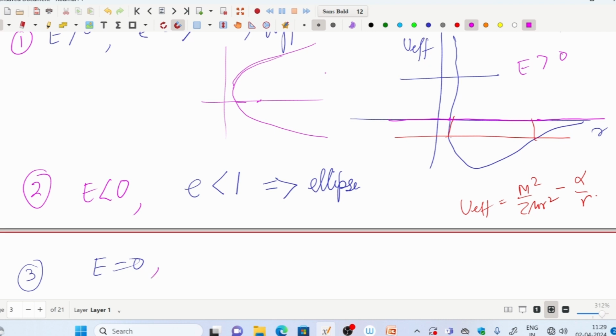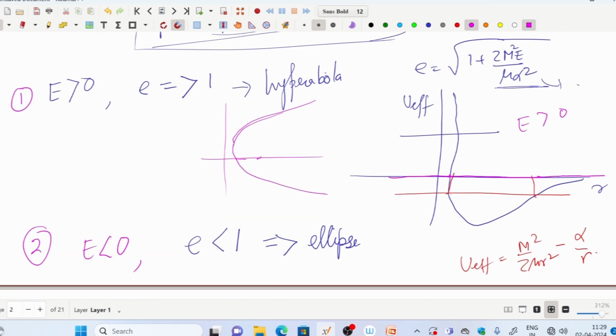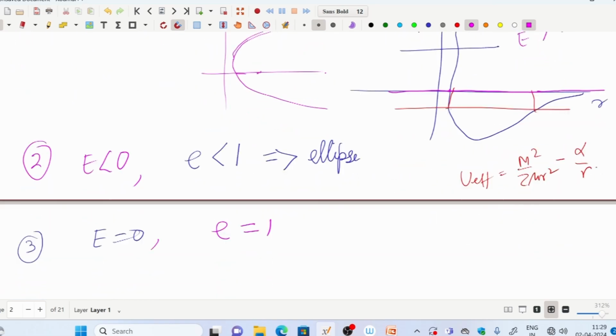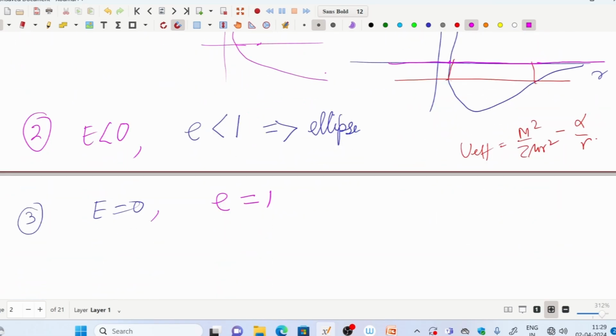E equal to 0 also means that your eccentricity is 1, because look at the expression, with E equal to 0 this term will be 0, and you will get eccentricity equal to 1. Okay. So, eccentricity equal to 1 implies a parabola.